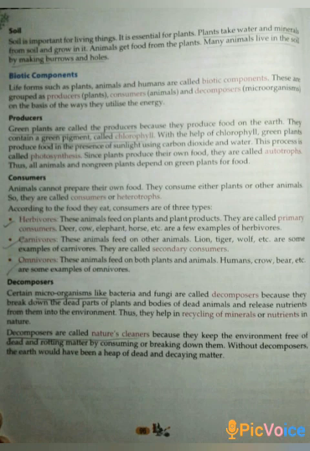Then decomposers. Certain microorganisms like bacteria and fungi are called decomposers because they break down the dead parts of plants and bodies of dead animals and release nutrients from them into the environment. Thus, they help in recycling of minerals or nutrients in nature.